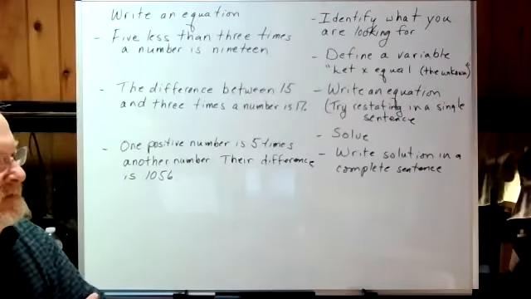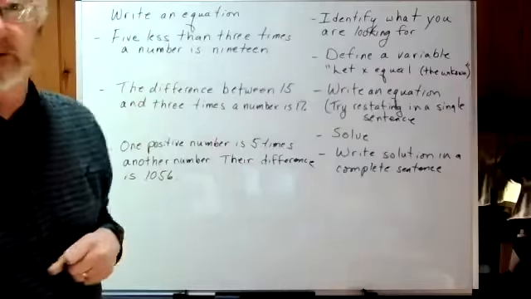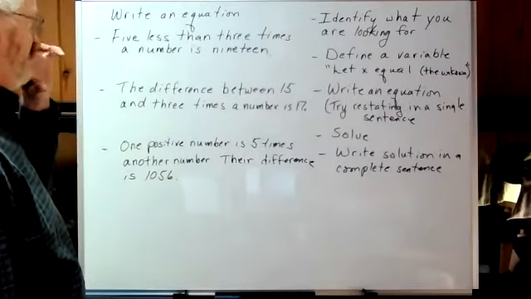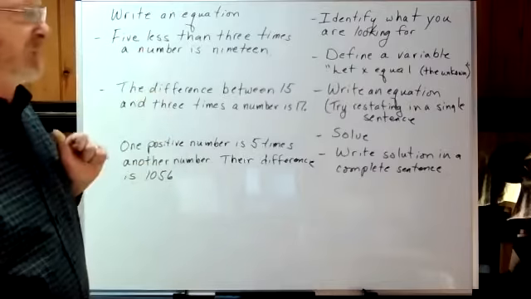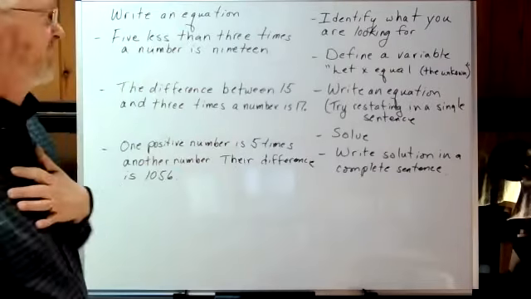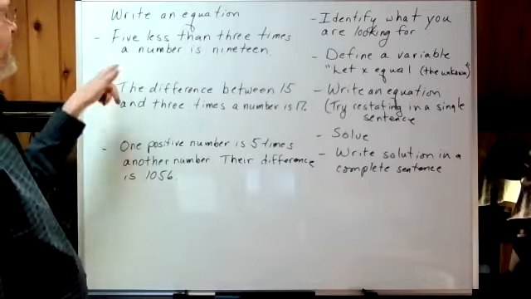How about, what are we looking for? Well, I didn't say what we were looking for. Hopefully that makes sense. We would be looking for the number. Define a variable. I'm going to use X for all of mine here. 3 times a number.